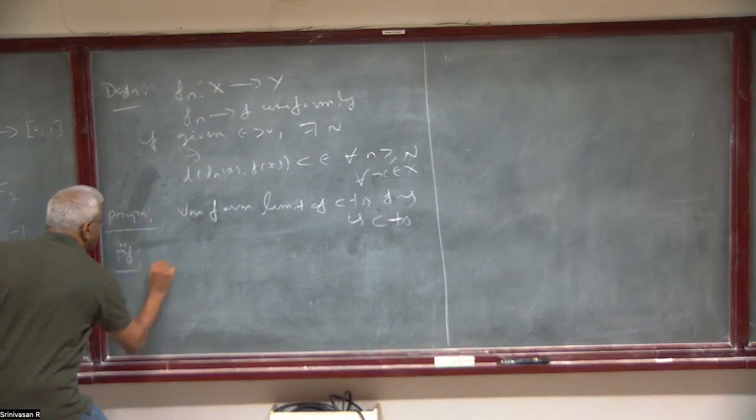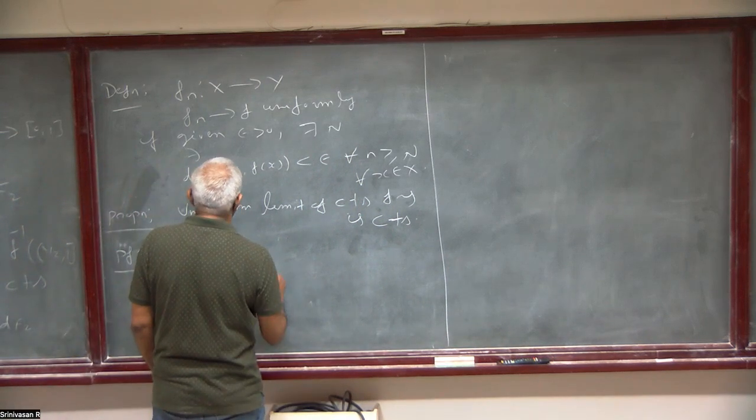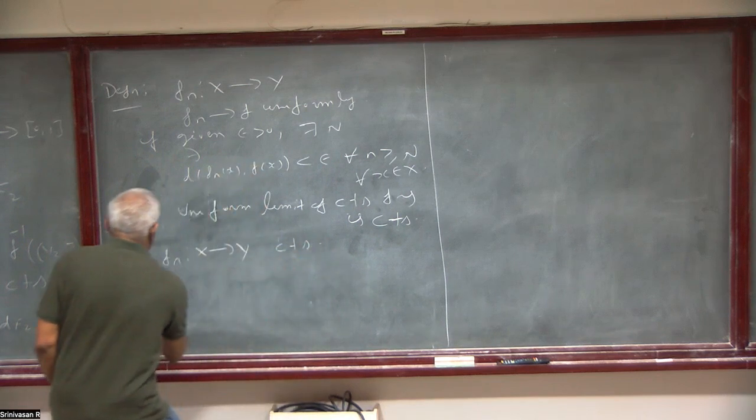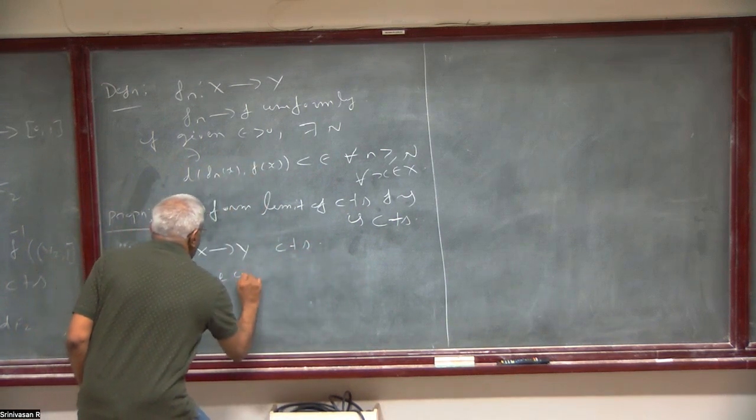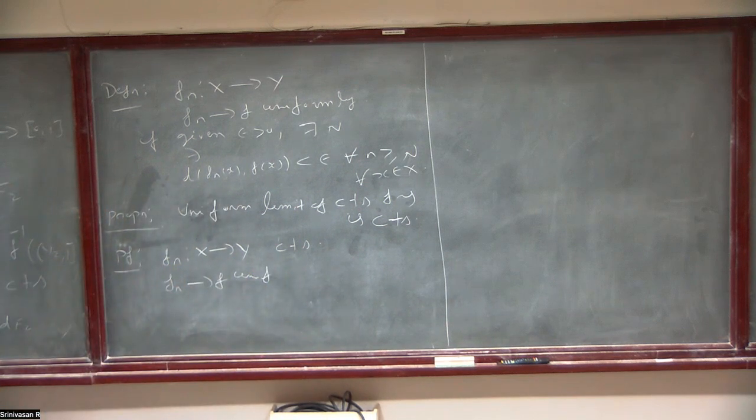That is, f_n from X to Y continuous and f_n converges to f uniformly, then we want to prove f is continuous. That's a uniform limit of continuous functions is continuous.